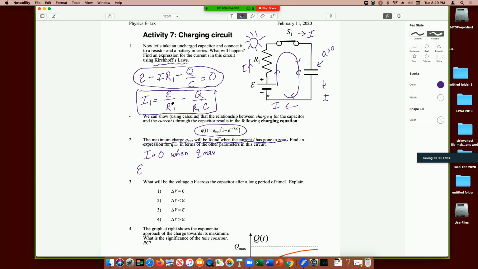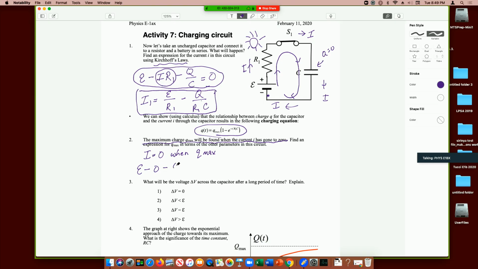Does that make sense? Because there's no longer current going through the battery or through the resistor. So we can say E minus 0, I've just substituted 0 for this because I is 0 in this term. If the current is 0 when Q is maximum, then this term goes to 0.